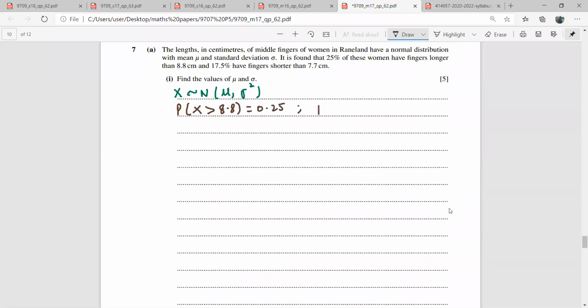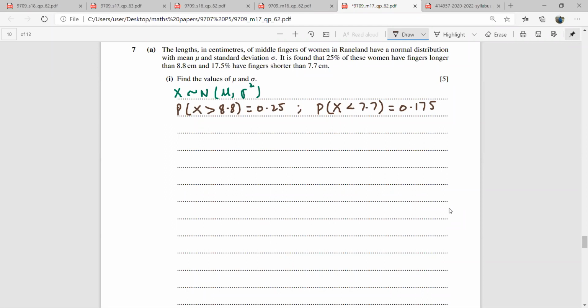And the probability that X is shorter than 7.7, so X is less than 7.7, is equal to 0.175. So that is how we will be changing this percentage into probability notation here. We have to find the values of sigma and mu.